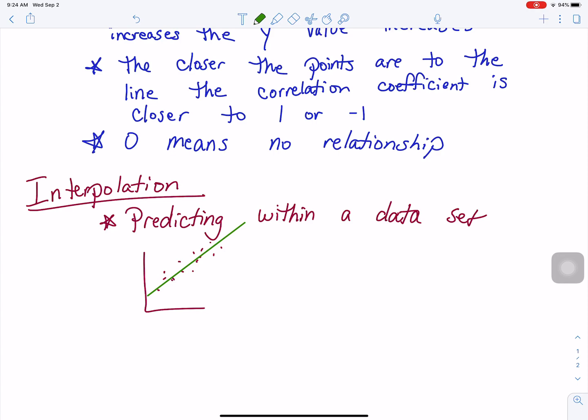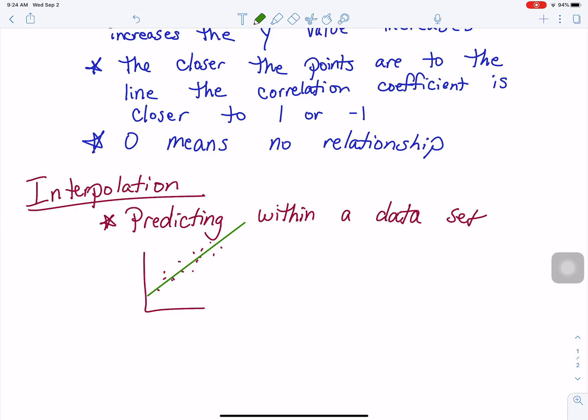And our points definitely are kind of closer. We would guess somewhere in there that it's definitely not a 1, but it's going to maybe be like a 0.7. And again, I'm not so fixated on how I calculate it. That number just tells me my points are pretty close to the line. There's a definite pattern.